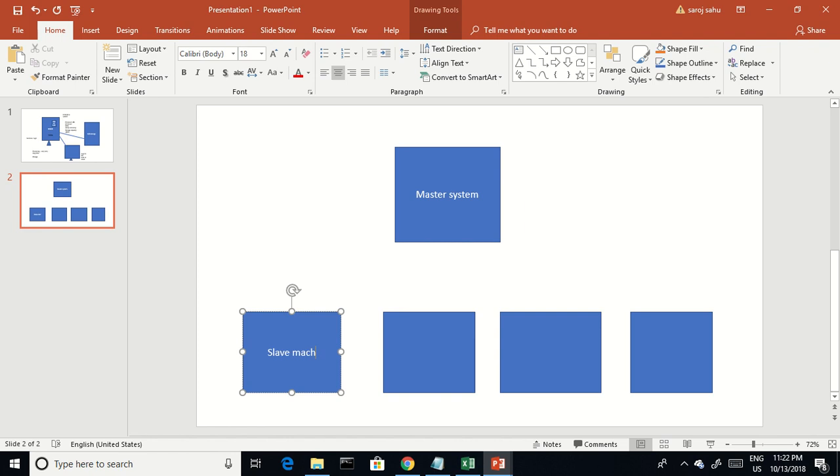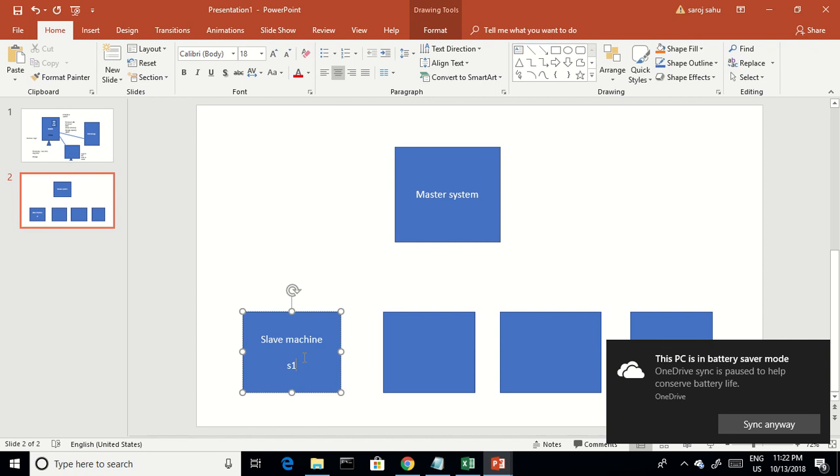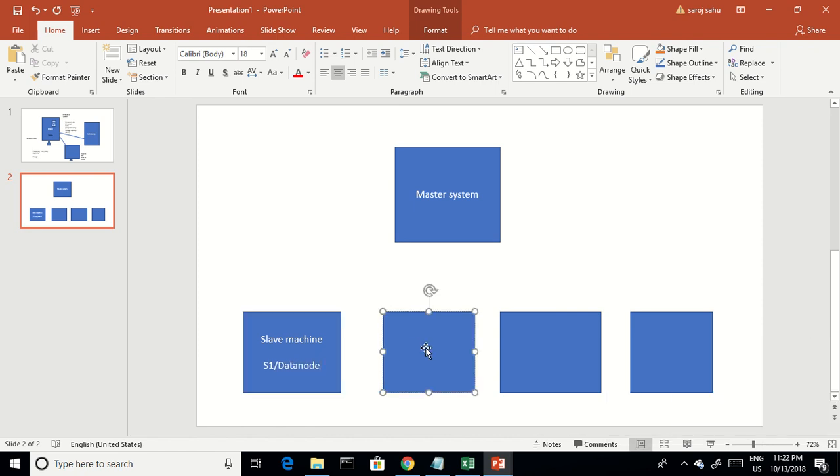So slave 1, or you can say a data node. I'll explain why we call it a data node. Slave 2 or data node 2, slave 3 or data node 3, slave 4 or data node 4. And this master machine we can say is the name node.